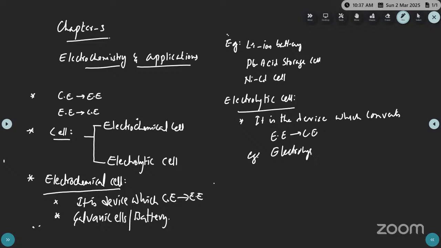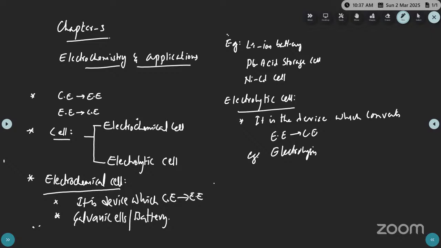Electrolysis is the process in which, when we supply electrical energy, current, the respective ions migrate towards the respective electrodes. That is electrolysis, which you studied in the lower standard.